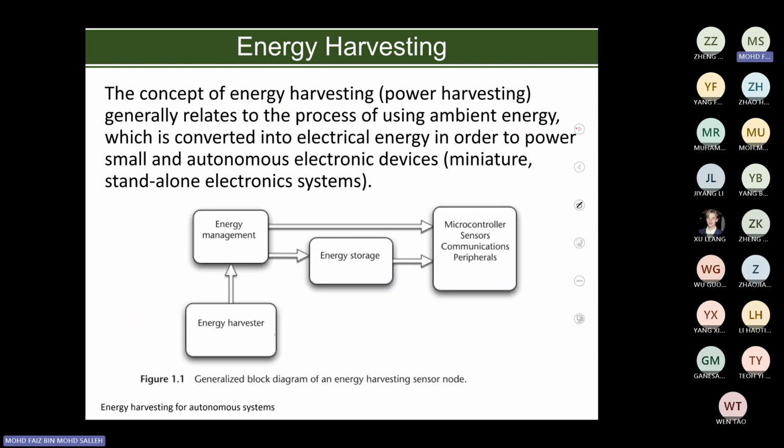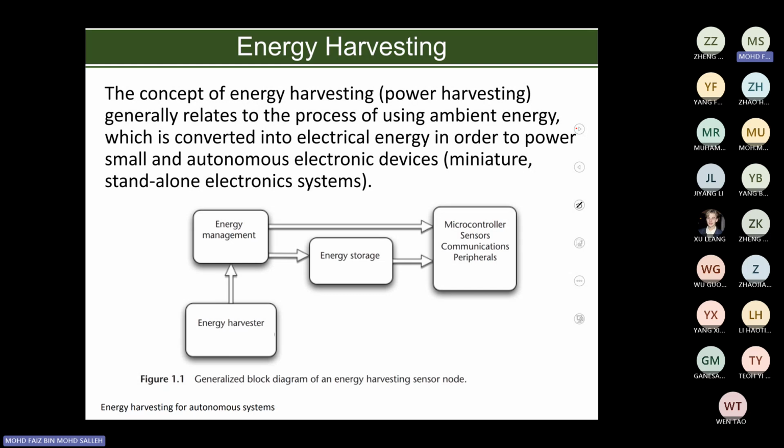Okay, so when you have this kind of conversion device, sometimes we call it an energy harvester, or we can call it the transducer, and so on. It can go to the energy management, or it can go to the storage. Energy management means that, for example, you put a rectifier there. You need to convert from DC to AC, or from AC to DC, or you need to increase the voltage but reduce the current, for example.